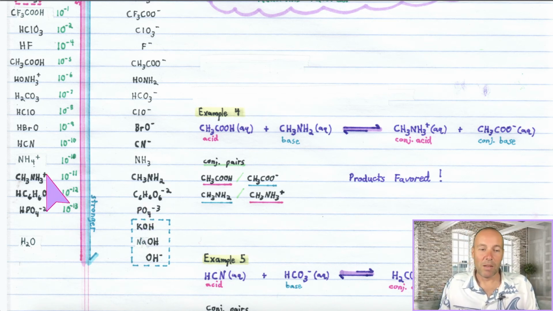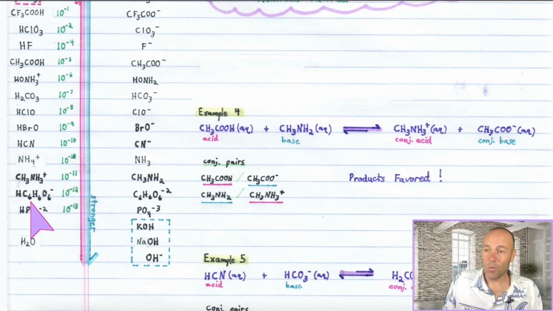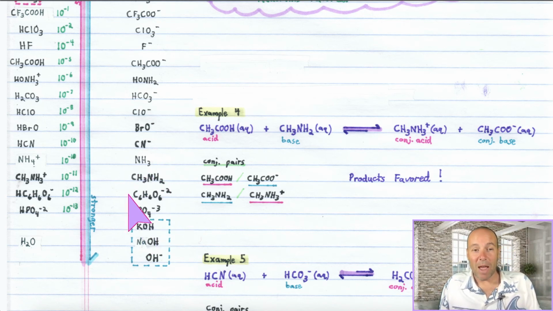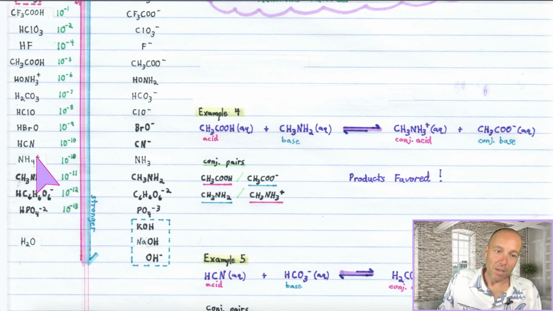Think about it. These acids down here are comfortable as is. They don't want to give up their protons. In fact, they would like to stay as is. And their conjugate bases will simply grab protons to form those guys, because this is how they want to be.